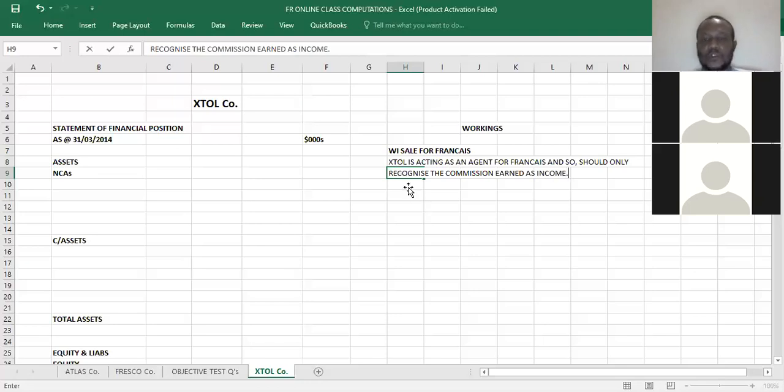So now, XTOL has recognized 20 million in revenue. How much in cost of sales? 15 million in cost of sales.